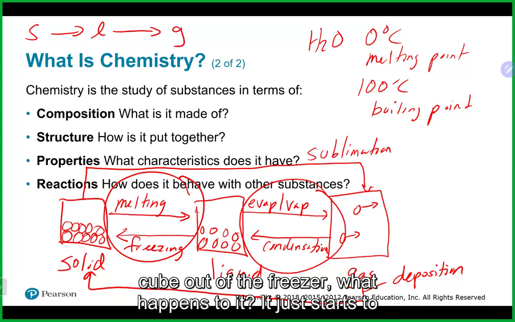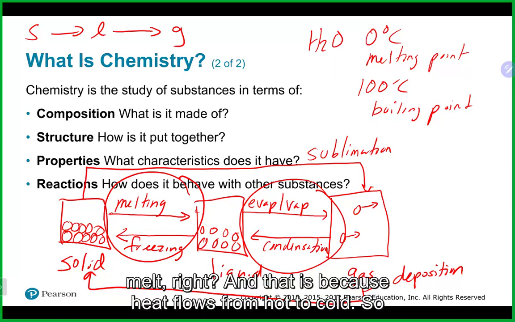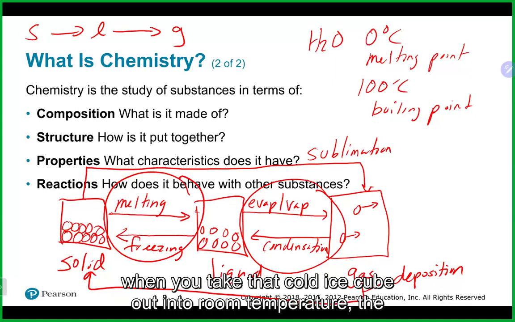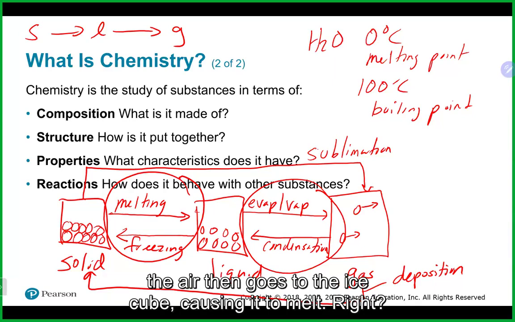When you take an ice cube out of the freezer, what happens to it? It just starts to melt, right? And that is because heat flows from hot to cold. So when you take that cold ice cube out into room temperature, the air around it is hotter than the ice cube. All the energy from the air then goes to the ice cube, causing it to melt, right?